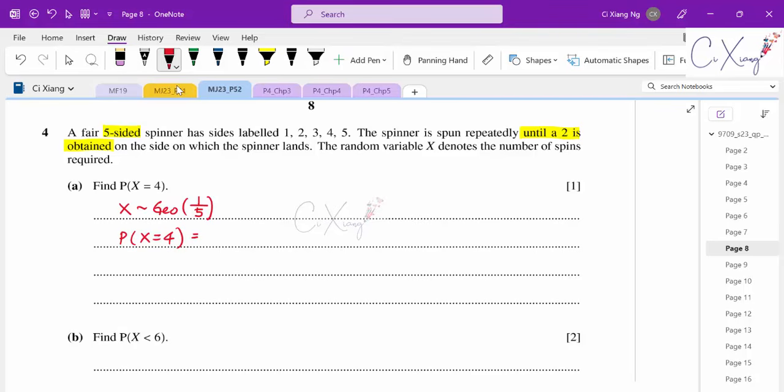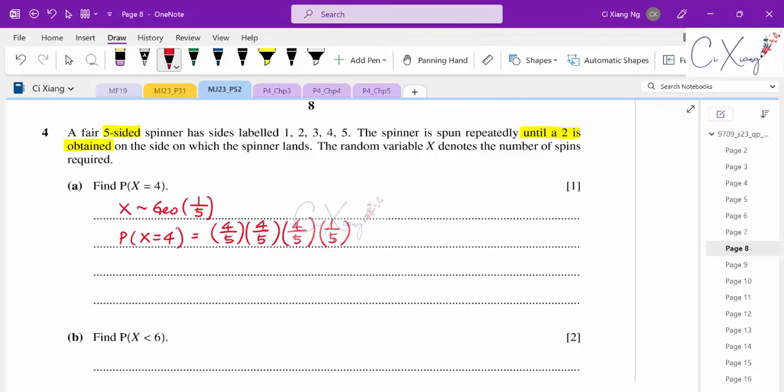Which means that on the first throw I didn't get a 2, therefore the probability is 4 over 5. Second throw I also didn't get the 2, so also 4 over 5. Third throw I didn't get a 2, I also get 4 over 5. And on the fourth throw I successfully get the 2, which has probability 1 over 5. So the first 3 throws are not getting a 2, and only on the fourth throw I get a 2.